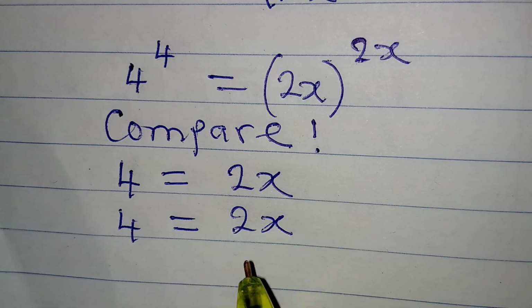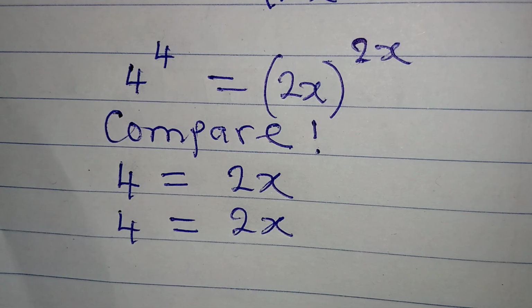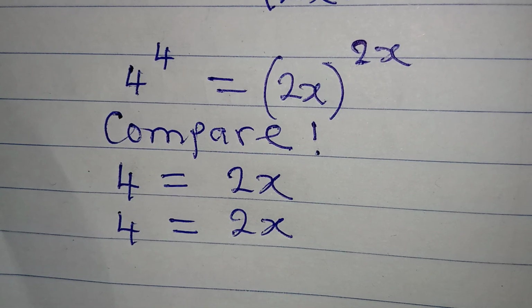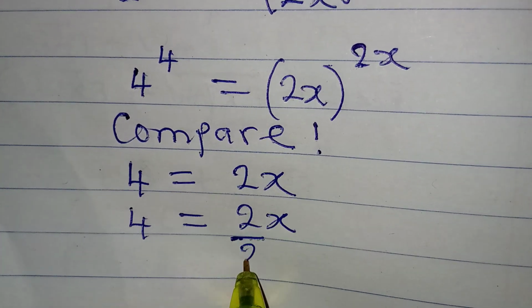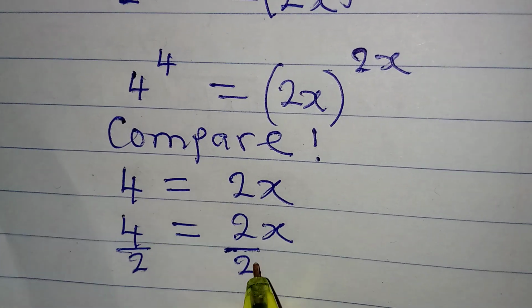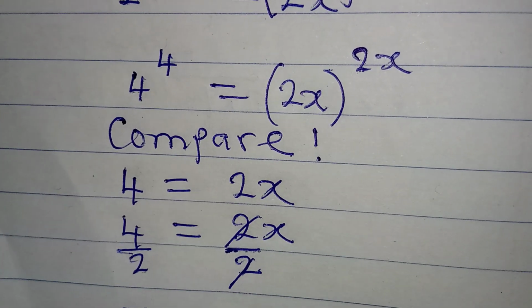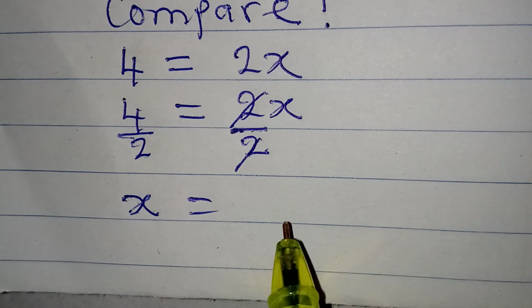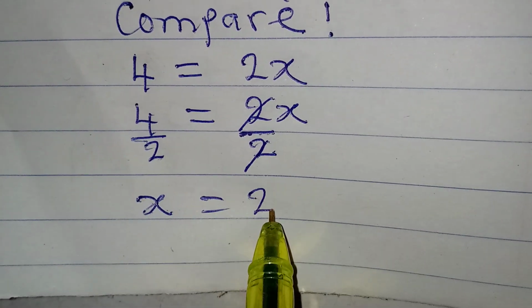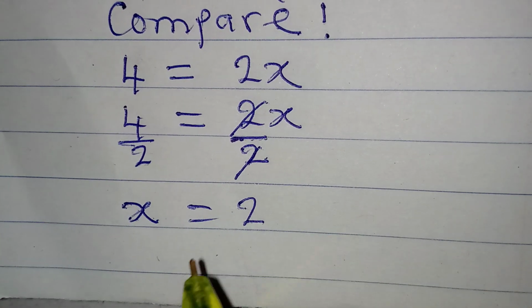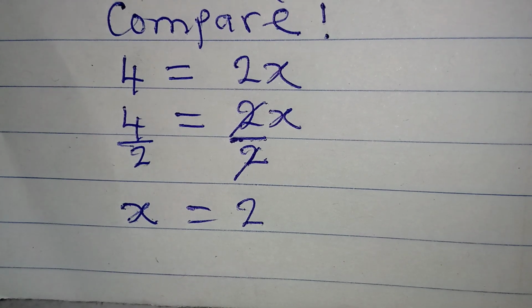So from here we can simply get the value of x, because we need to divide this by 2 and divide this by 2. This cancels this, and now we have x equal to 4 divided by 2, and that is 2. So this means that our x is equal to 2.